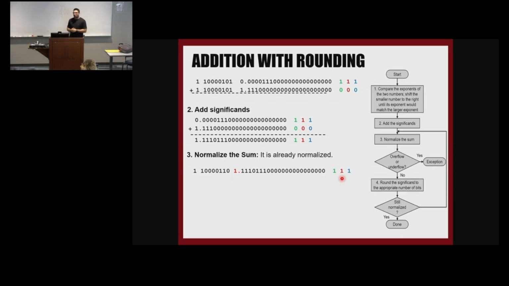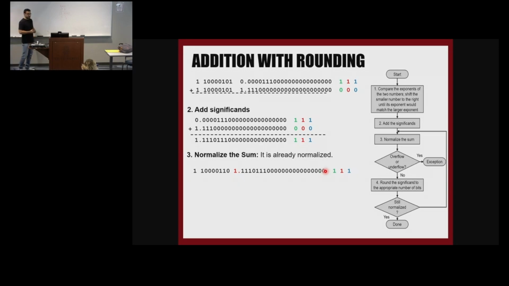Okay. Now we have this 1, 1, 1 here. We should do something about it. This is where we use GRS. The entire point of having GRS was for this. What do we want to put for this bit here? Because the default rounding scheme in IEEE 754 standard is round to nearest, tie to even.